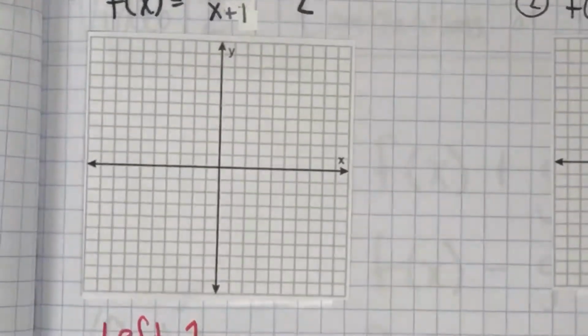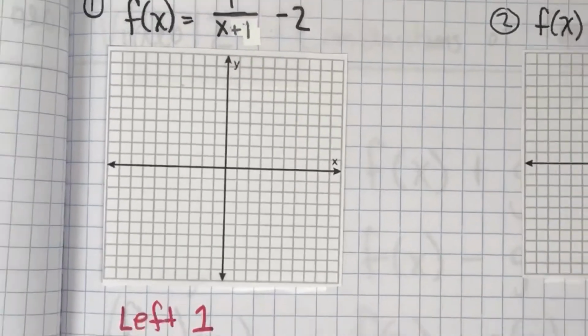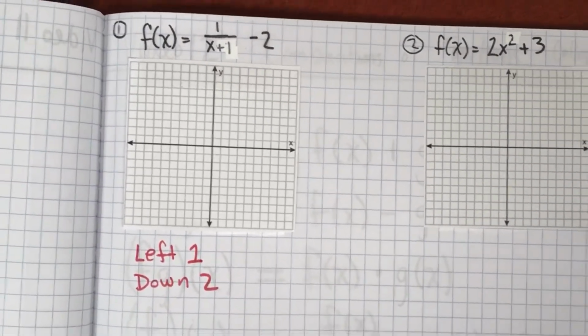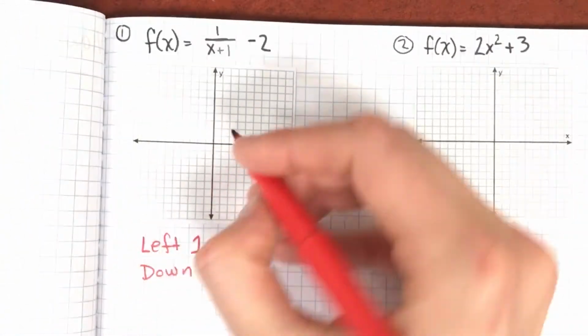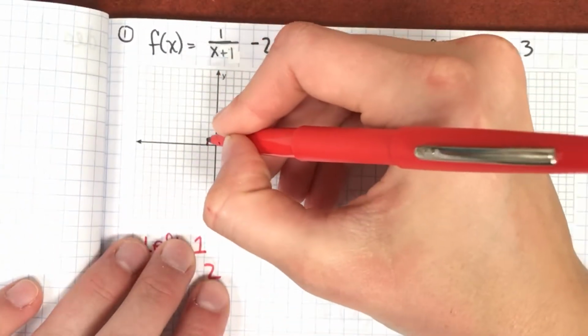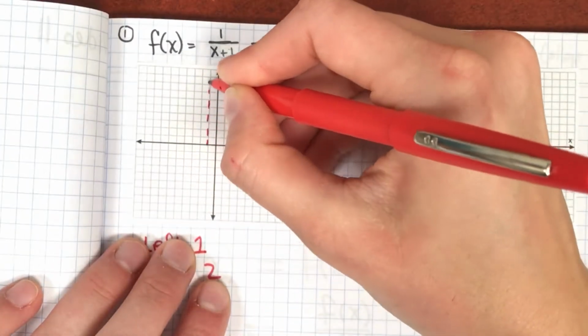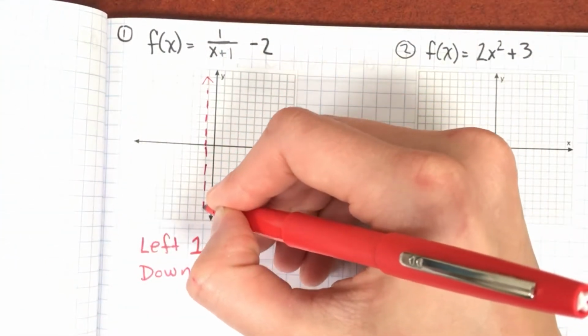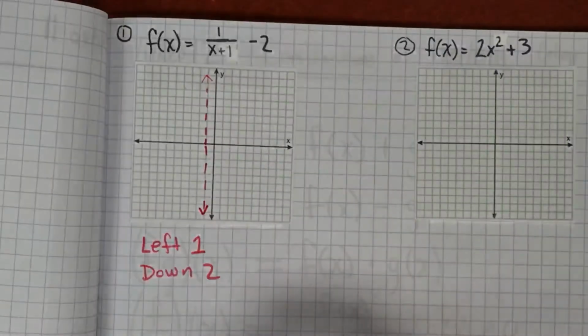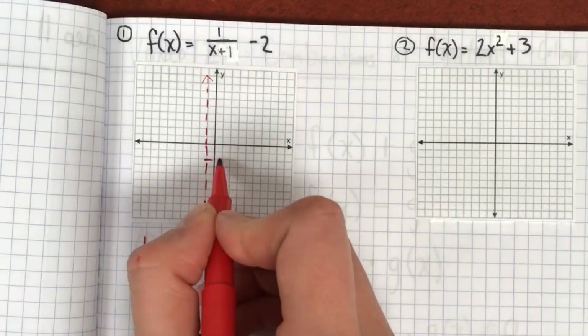All right, so when we shift these, I'm going to go left 1. And when you draw your horizontal and vertical asymptotes, they are actually going to be dotted lines. And then we're going down 2.